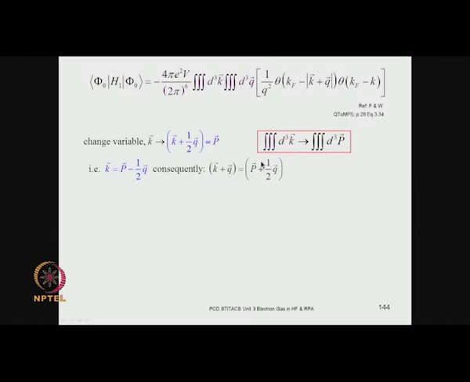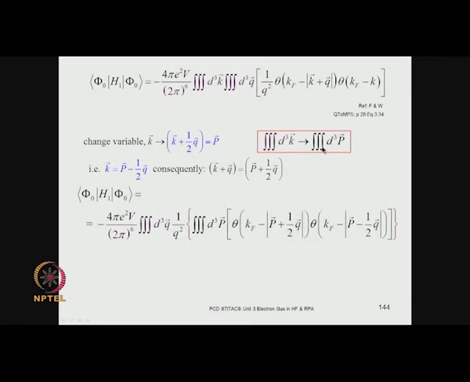All you have done is to change the variable from k to P, so you have got the same integration over the whole space for momentum.